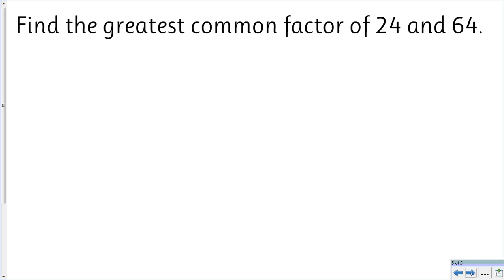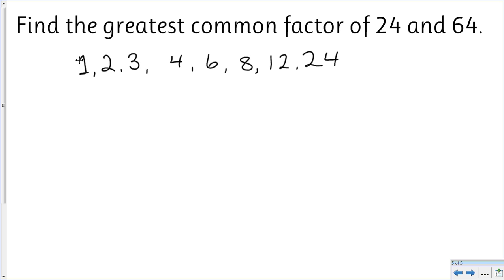And now for one more example, 24 and 64. Factors of 24, we have 1 multiplied by 24, 2 multiplied by 12, 3 multiplied by 8, and 4 multiplied by 6.